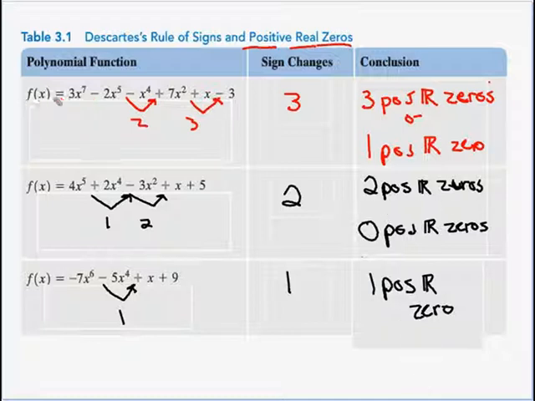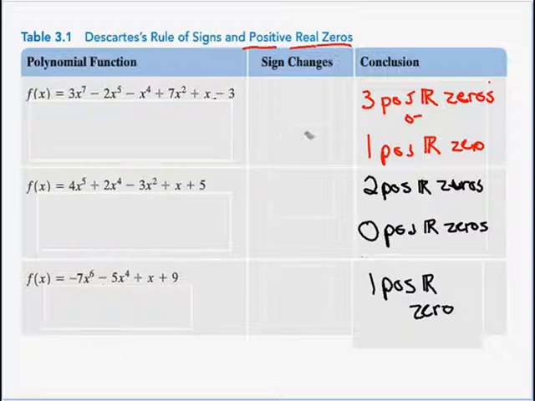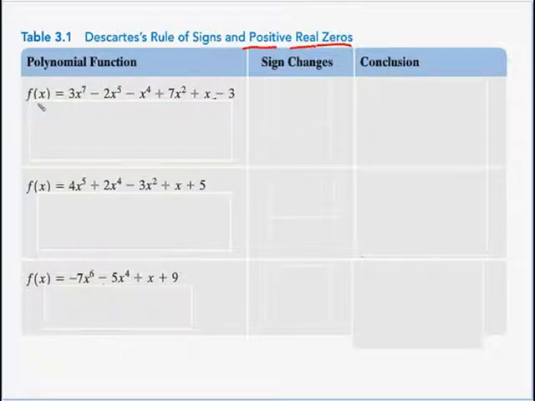If we wanted to find the number of negative real zeros, let's just do that for the first one. We would do an f of negative x. Odd exponent, so the negative would be multiplied 7 times, and it would result in a negative 3x to the 7th.